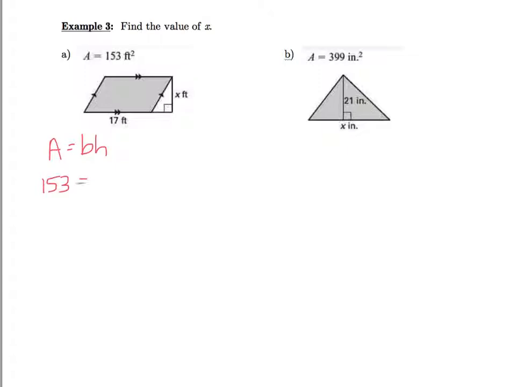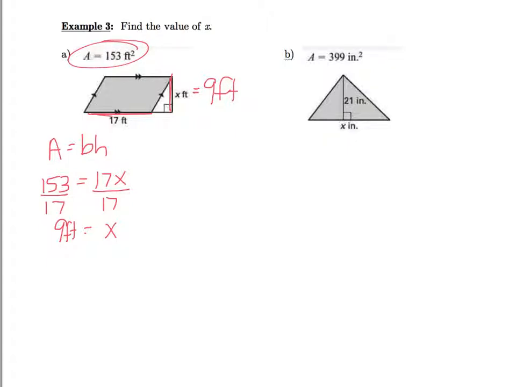So that's what they gave us. My base is 17, and my height, I don't know, so I put x there. To find x, I divide by 17 on both sides, and 153 divided by 17 is 9 feet. So x equals 9 feet.